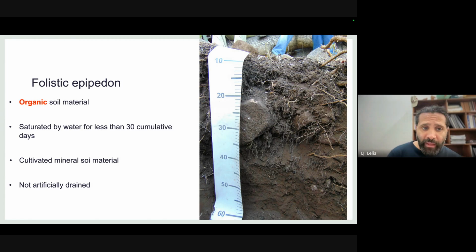This specific soil or horizon or layer should register a low amount of days with saturation. The saturation, the fluid condition, should register less than 30 cumulative days. So I need to consider that this specific horizon is not formed by fluid conditions.